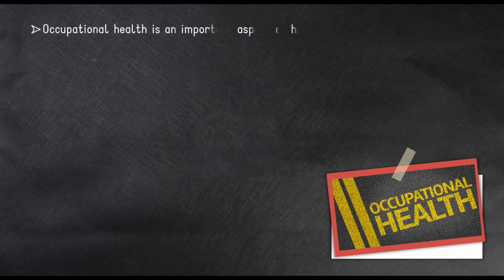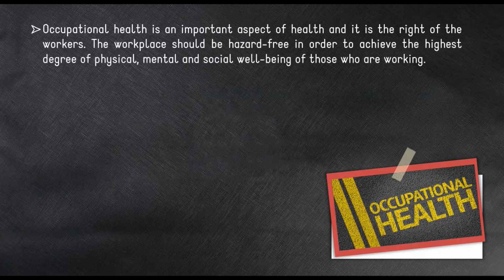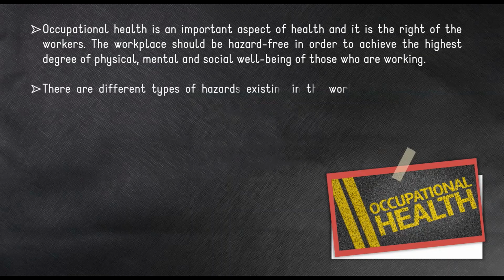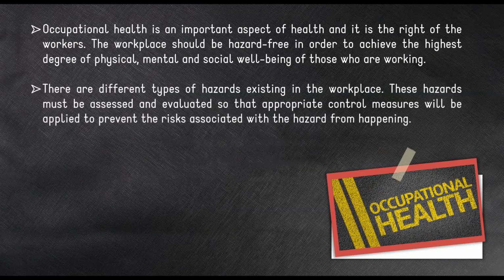In summary, for our discussion, occupational health is an important aspect of health and it is the right of the workers. The workplace should be hazard-free in order to achieve the highest degree of physical, mental, and social well-being of those who are working. Second, there are different types of hazards existing.